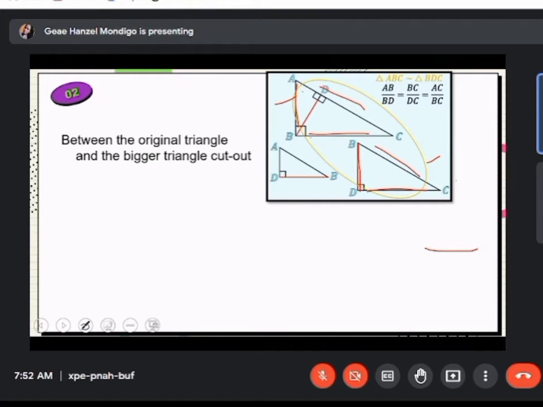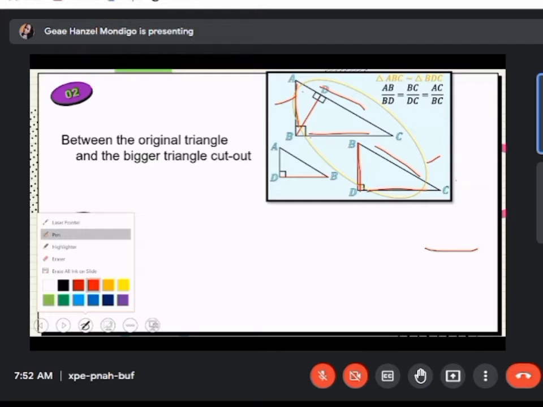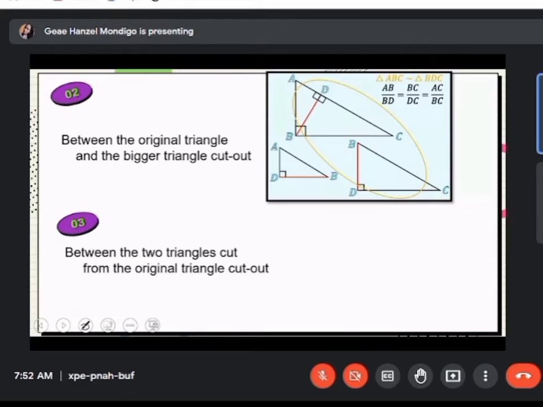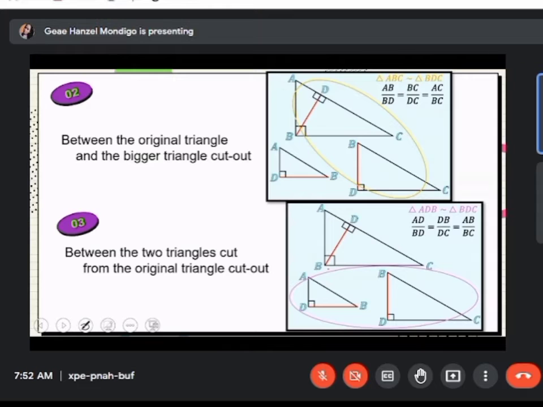And the last one, we could also create a proportion between our two triangles cut out from the original. Since all of these triangles are similar, we could still create a proportion, which is AD over BD is equal to DB over DC and equal to AB over BC.